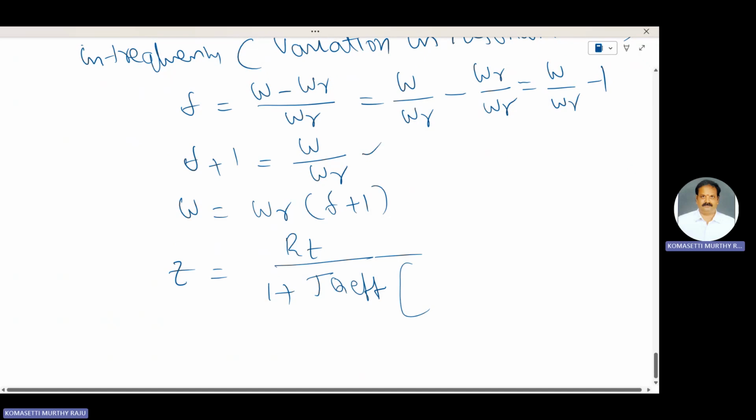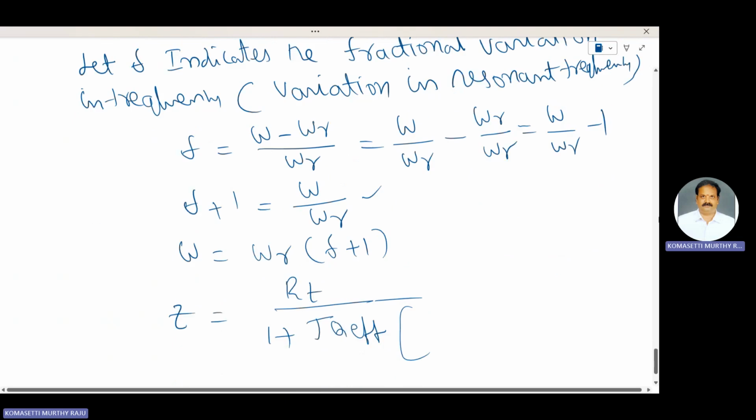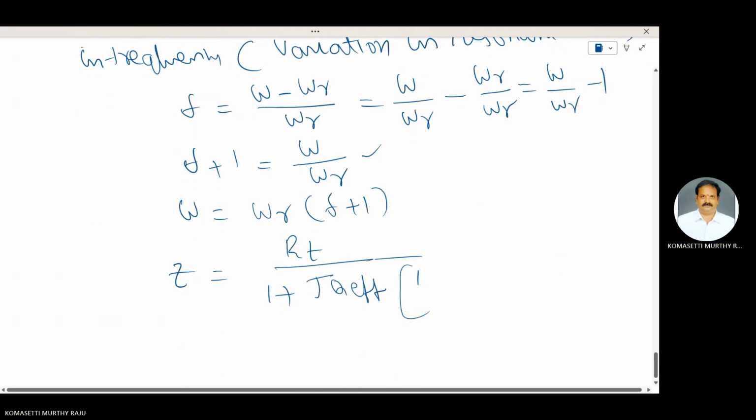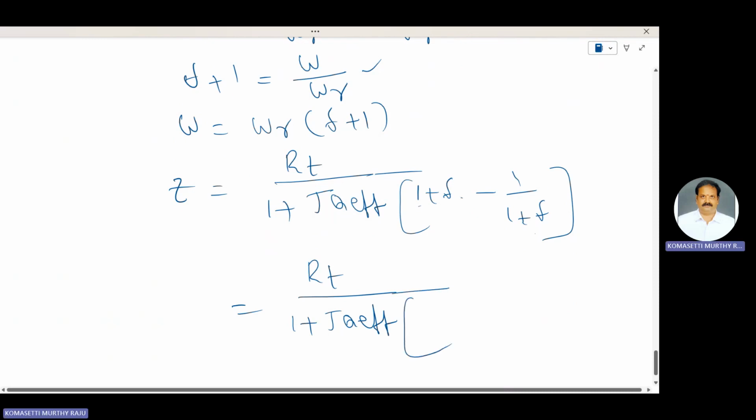ω by ωR is 1 plus δ, minus 1 by 1 plus δ. Z is RT by 1 plus jQ effective into (1 plus δ) into (1 plus δ). The LCM is 1 plus δ.